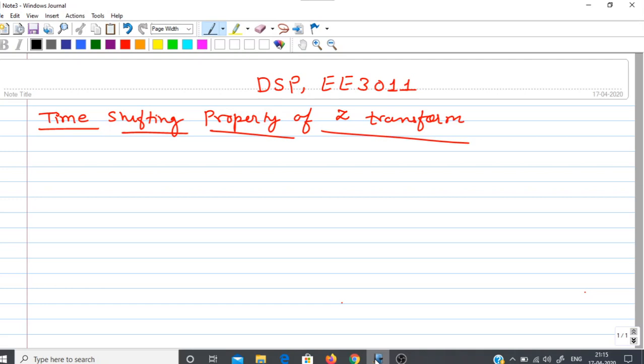So before explaining the time shifting property of Z transform, what do you mean by time shifting of a signal?